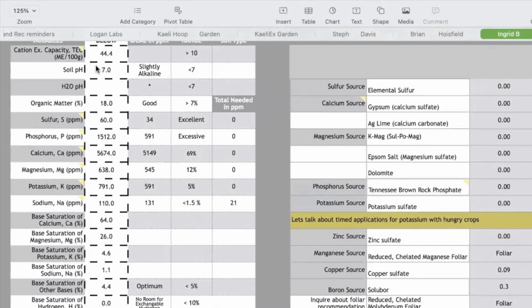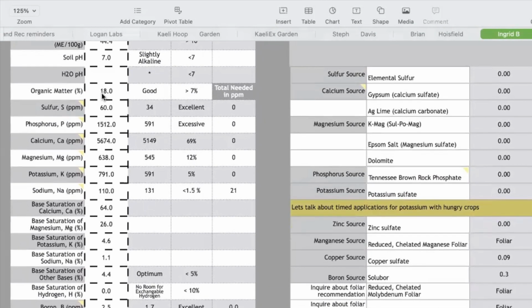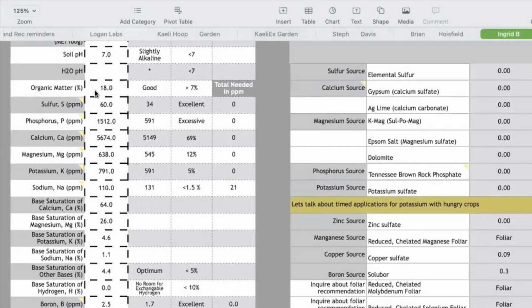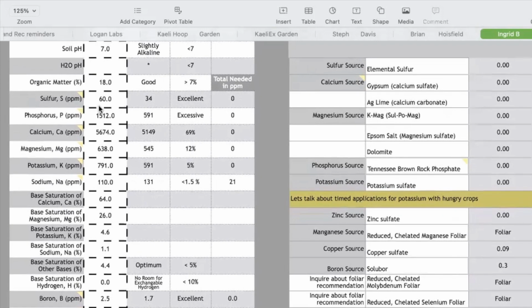But yeah. And so 7 pH is still pretty good in the range there. High organic matter, that's kind of an artifact of the compost applications over time. I think that everything we're about to see is going to be artifacts of the composting consistently every season over time.